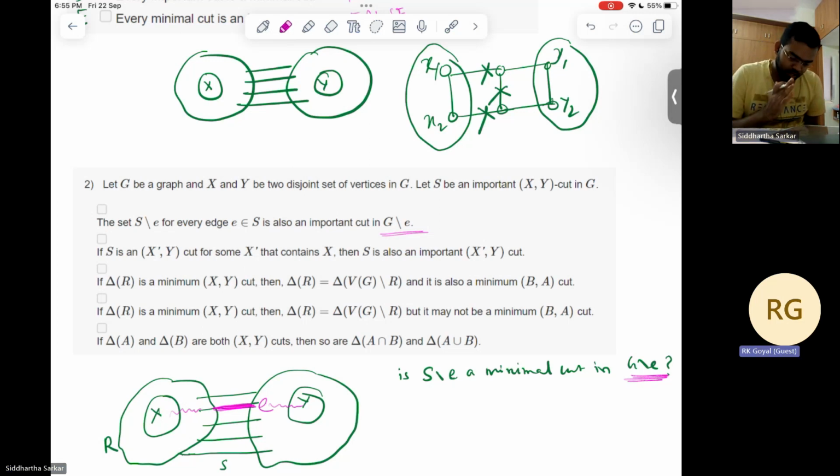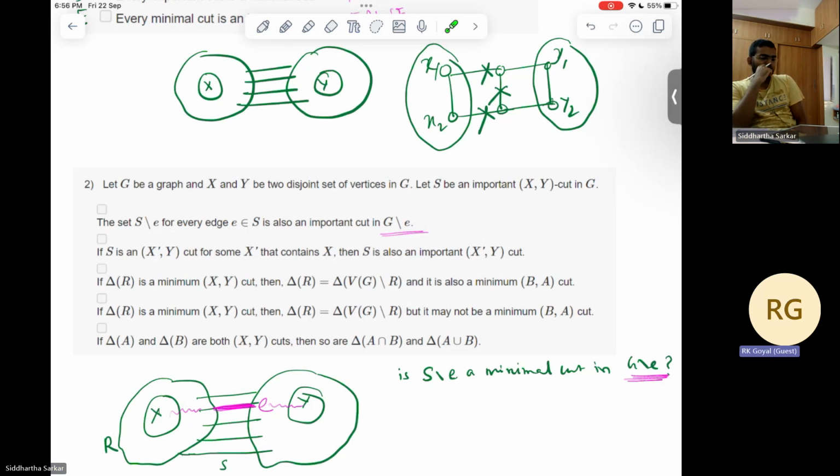This edge is not there in the graph at all, so this edge does not contribute in any way to disconnecting X and Y. The edges which are responsible for connecting X and Y are the rest of the edges only in the graph G minus E.